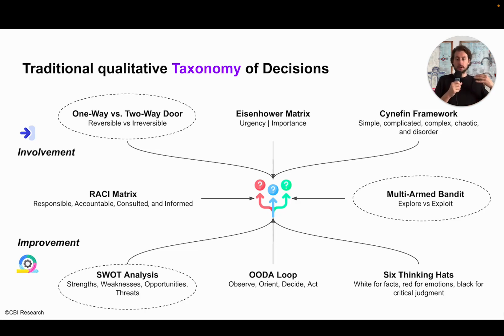It's too costly to go back on your decision. And this is very useful because once you know what kind of decisions are categorized as one-way or two-way, you know, for instance, as an executive, where you should be spending your time and where you should not be spending your time.